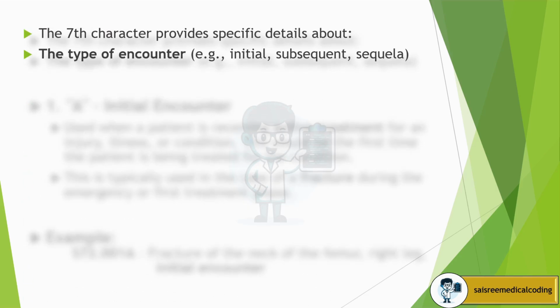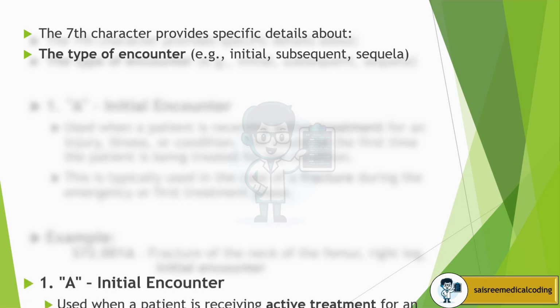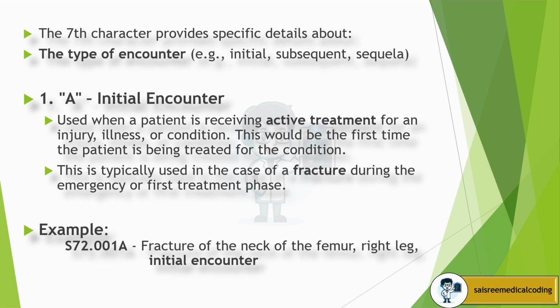Usually, what type of characters will be indicated in the seventh character? It might be a numeric code, or an alphabetical letter. If the code indicates the seventh character as the letter A, we will be calling it an initial encounter.